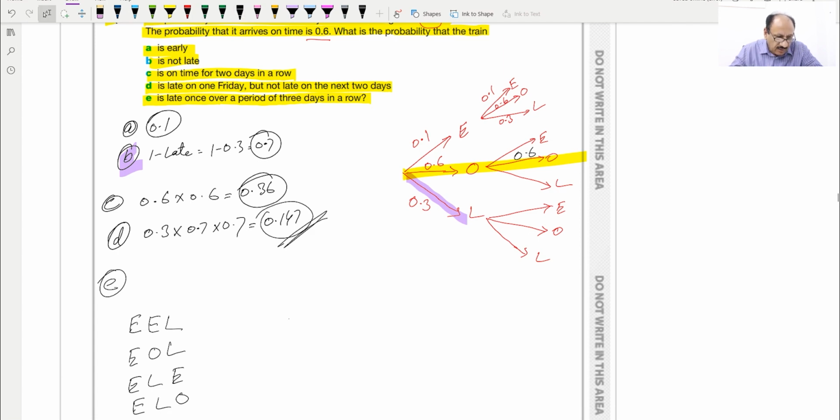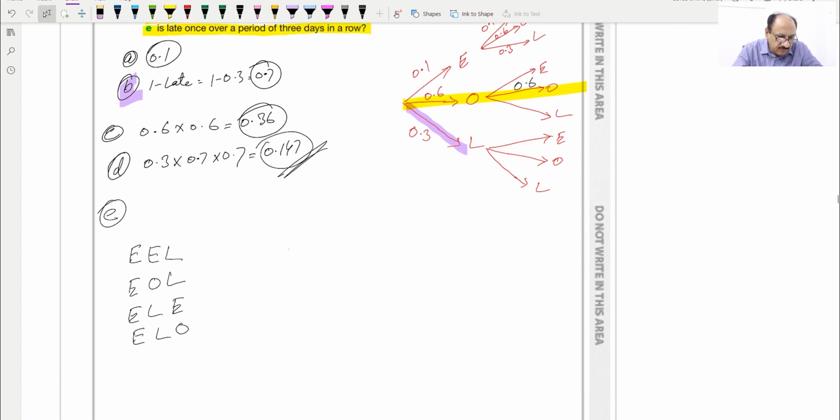So for early we will be taking the same options, and then we can take on time options. On time first, and then we can take early, late, and on time, late, and late and early, and late and on time.